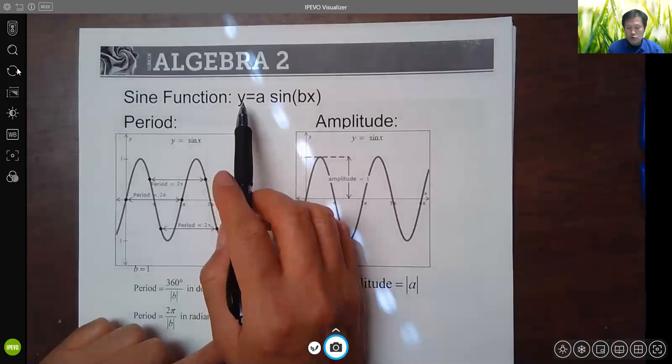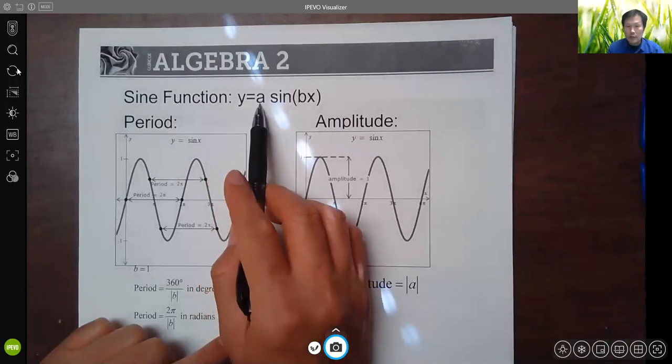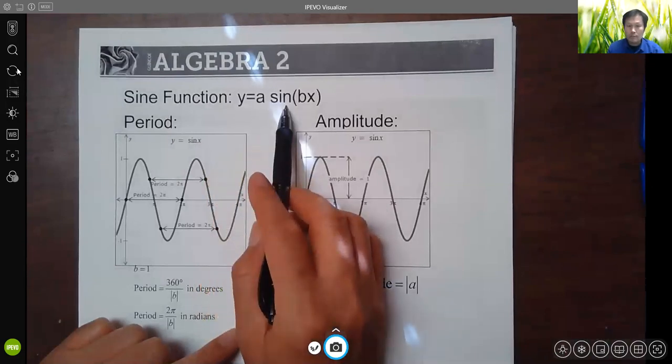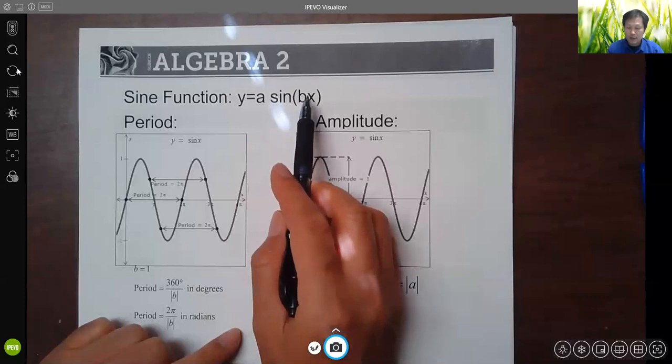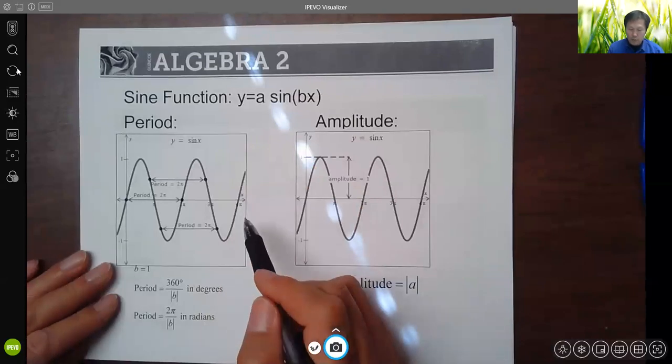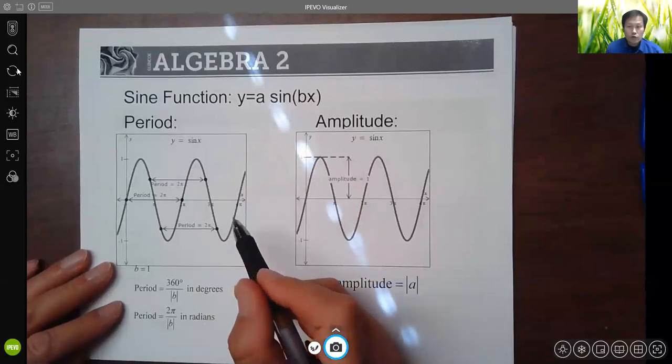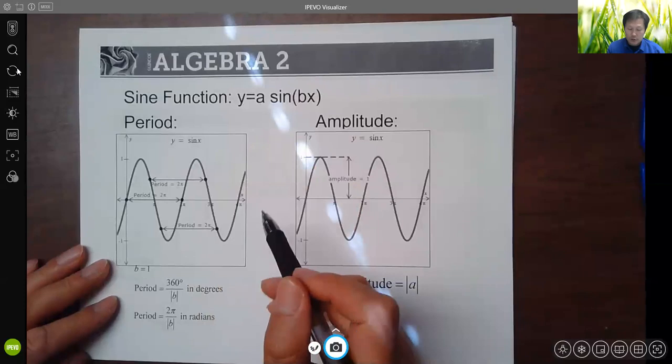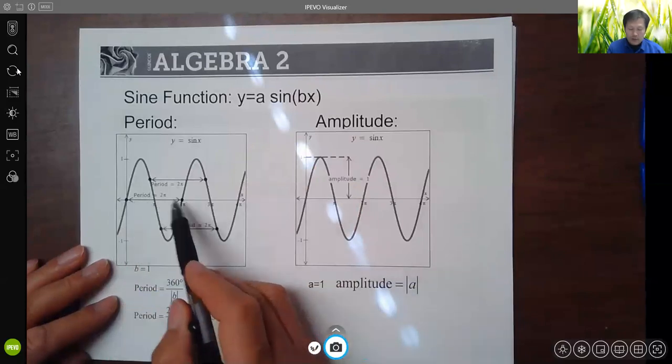So given the structure y equals a times sine bx, where bx is inside the sine function, we can look at the overall shape of the sine function. That's the x-axis, y-axis.